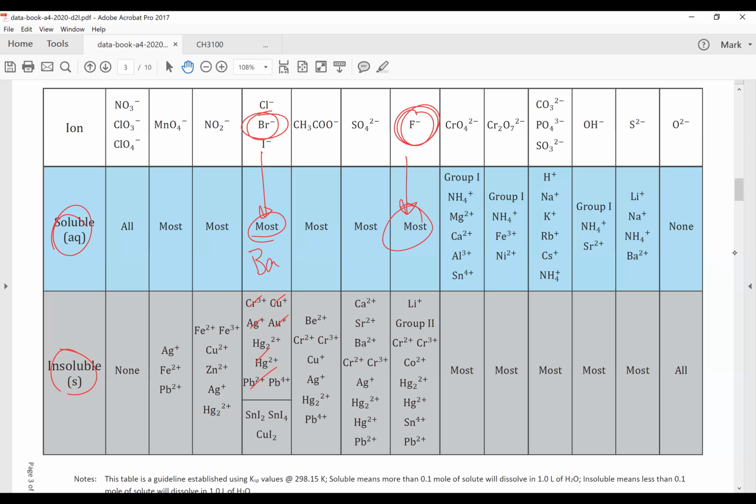Most fluoride compounds are soluble, but lithium, group 2, barium is in group 2. Sorry, I got too excited there. Barium is in group 2, meaning it's insoluble.